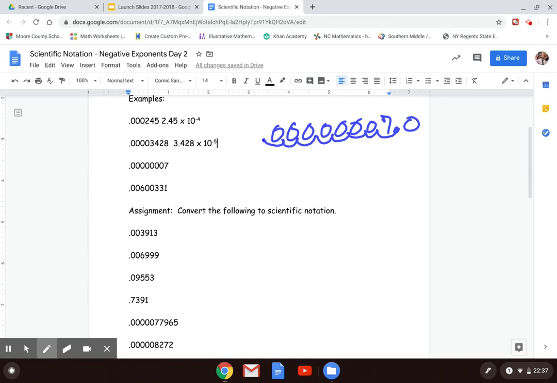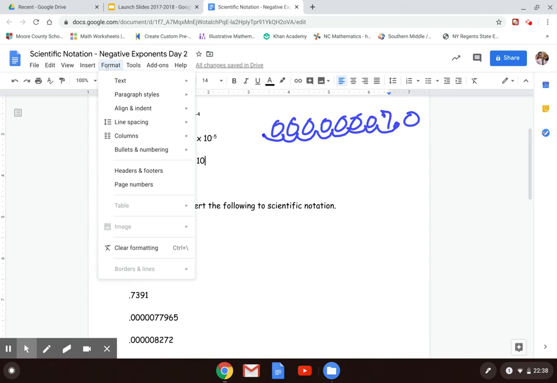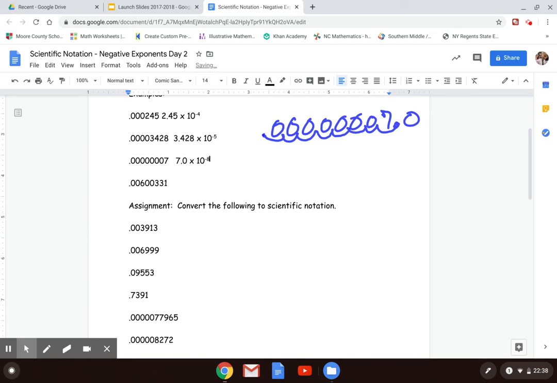I'll put a 0 there as a placeholder. That is going to give me 7.0 times 10. I moved a total of 8 positions, so that's going to be 10 to the negative 8th.